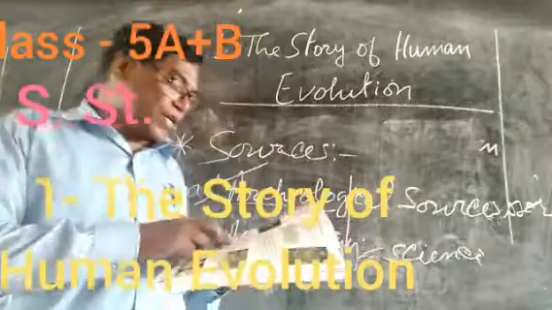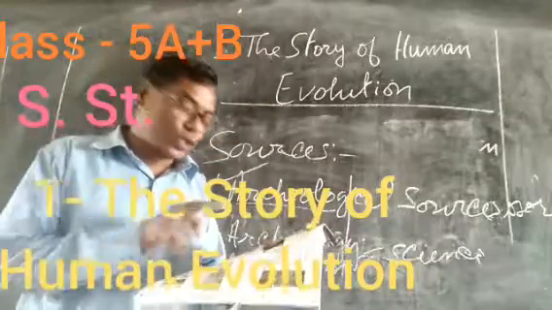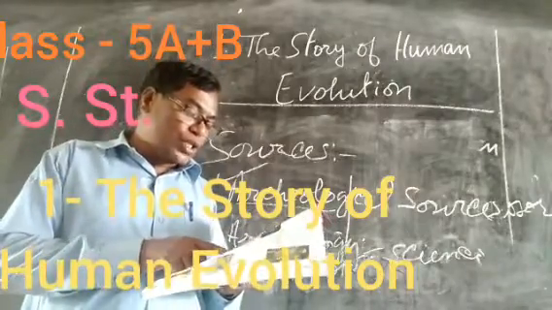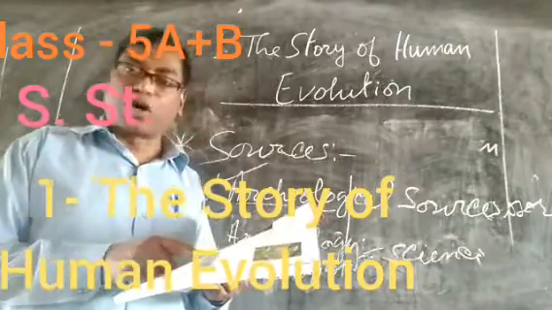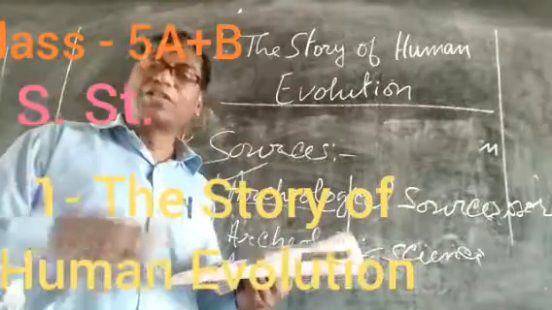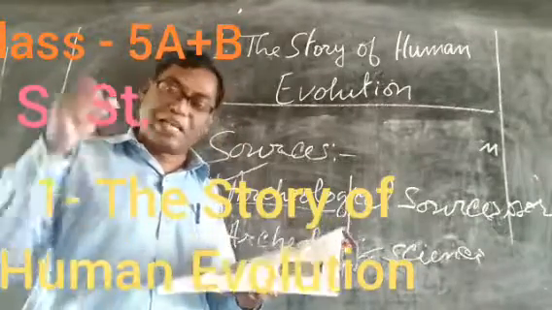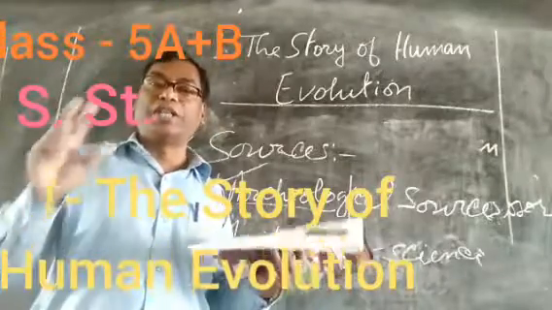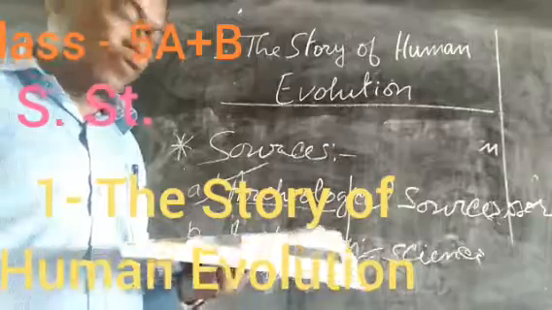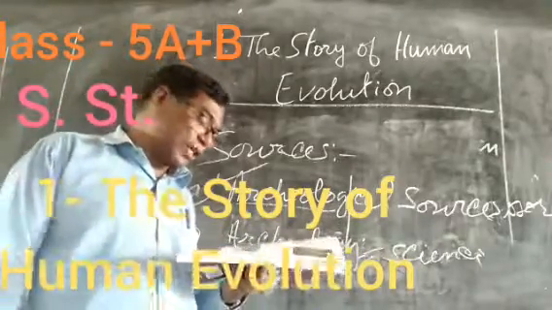Many of these paintings show human and animal figures. The colors used were made of rocks and minerals, natural paints, and those paintings have not vanished or faded till today. Still they are there.